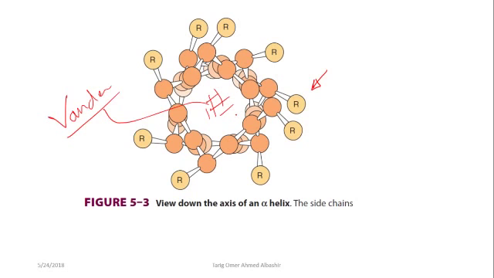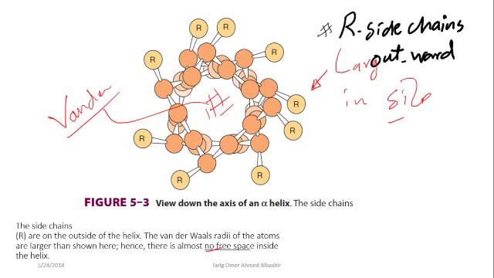It is filled with different types of bonds, and the R groups will be outwards, especially if an R group is large in molecular weight or large in size. It will be on the outside of the alpha helix axis, as we see no free space inside the helix.